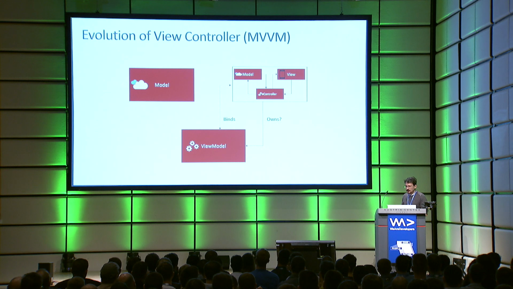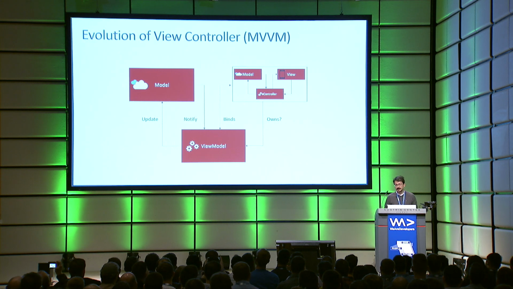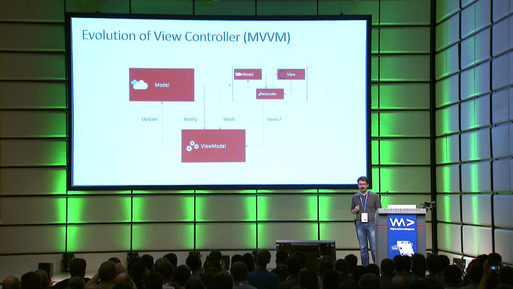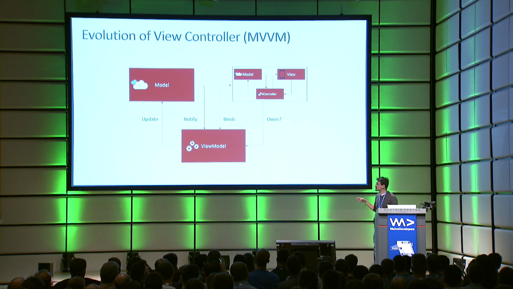And the connection between the view model and the view is done through the binding. The view model is responsible for updating the model, getting the notifications and pushing them back to the view. So on the left-hand side, we still have the coupling between the view model and the model. And this is the part where it gets complicated, because we have a two-way, bidirectional data flow.